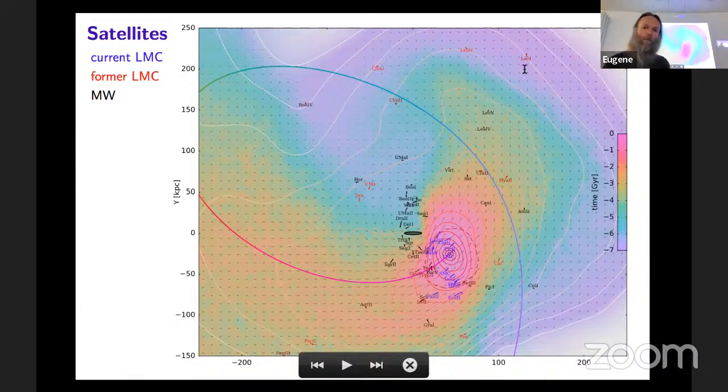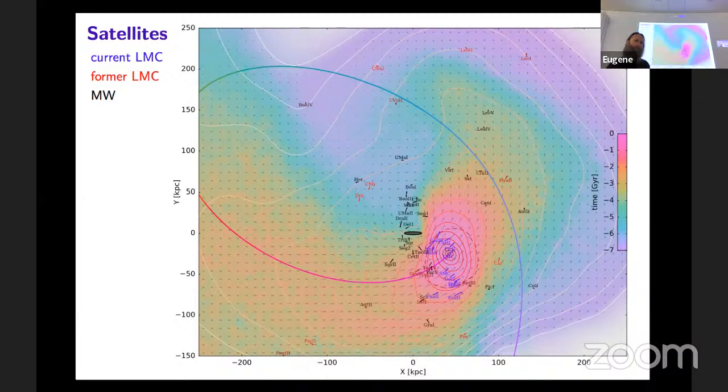And you see that some of these red galaxies are currently quite far from the LMC, like Leo 1, Leo 2. They're sitting way outside the tidal radius of the LMC because they were stripped a long time ago. But this scenario of the second passage of the LMC might be a good explanation, or at least a plausible explanation, for why we have the coherent structure in the space of the galactic satellites.